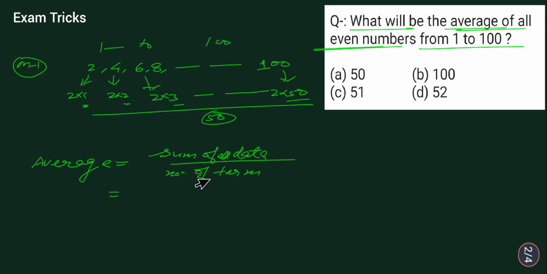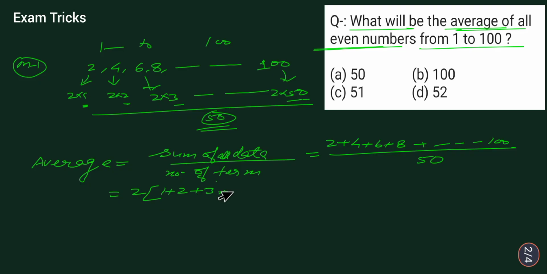So here you need to find 2 plus 4 plus 6 plus 8 and so on up to 100, divided by the number of terms. The number of terms is 50, right? Now you can take 2 common here. So 2 into 1 plus 2 plus 3 plus and so on up to 50, divided by 50.